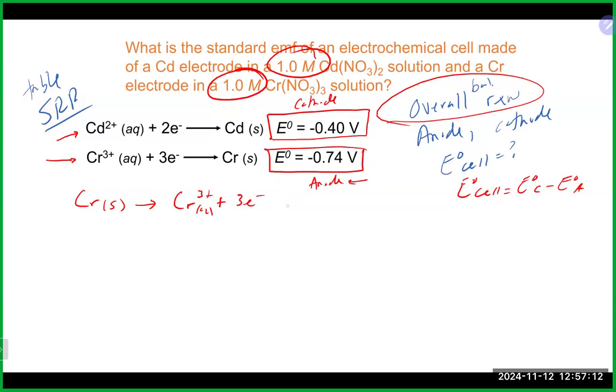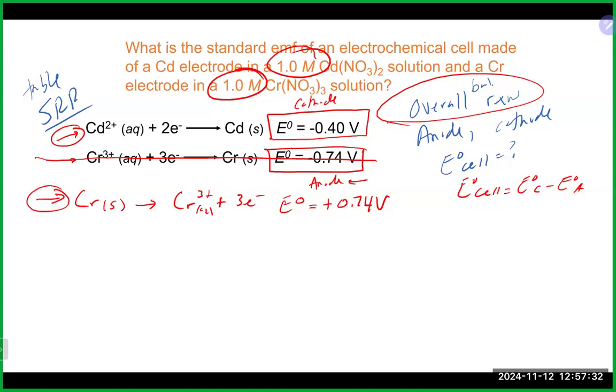And when I flip that around, the E value now becomes positive 0.74 volts. I'm just going to put a little line through this one since I rewrote it.